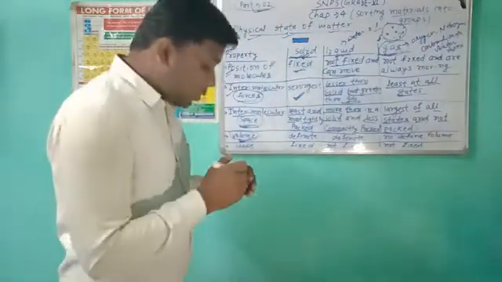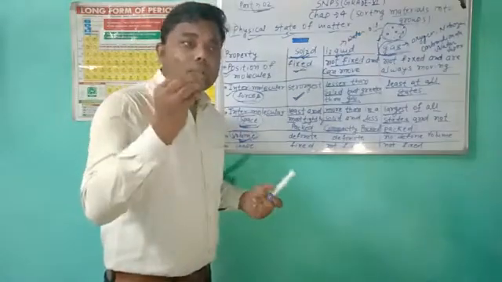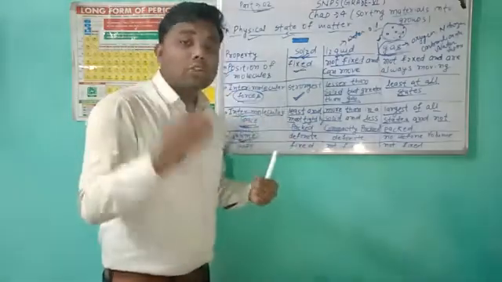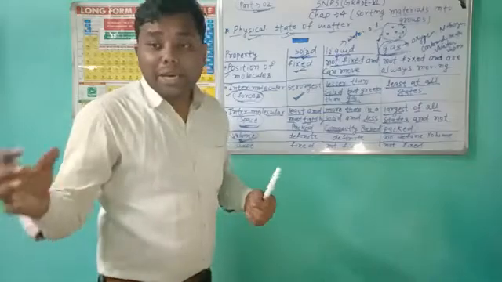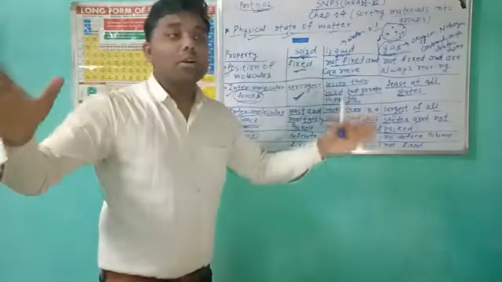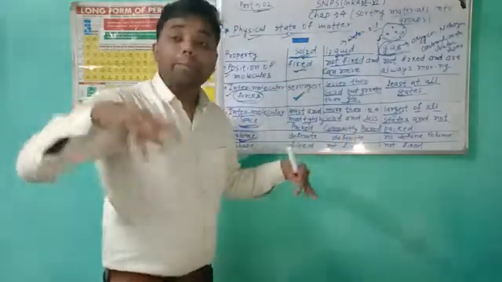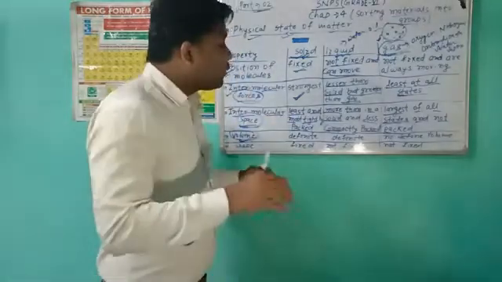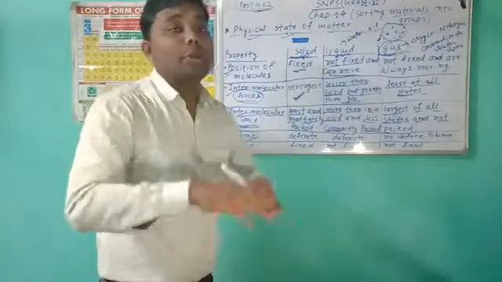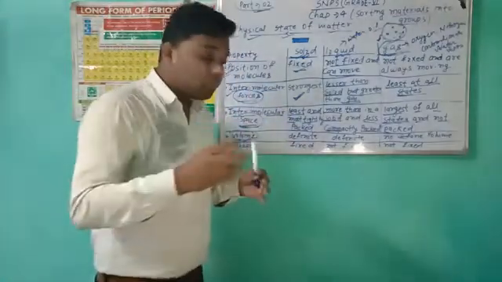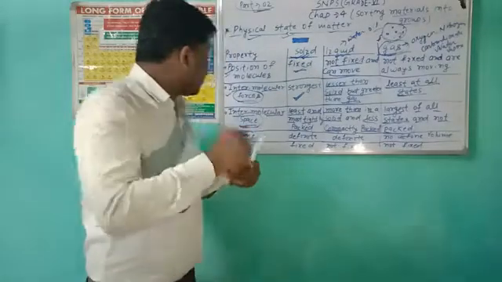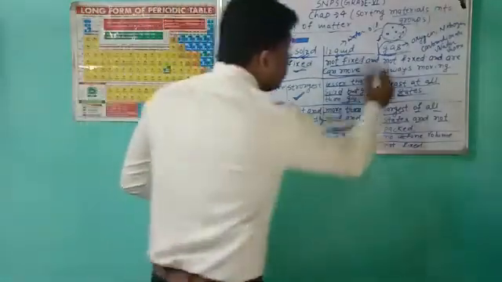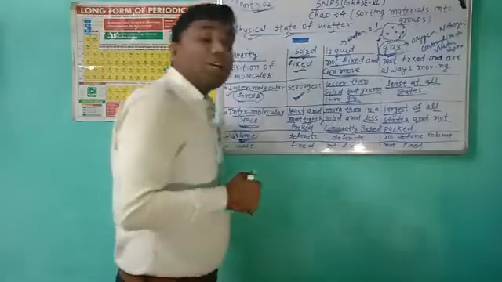Why? If we pour a little oxygen into a particular container, it can fully pack that container and occupy the total space. So the volume of gases is not definite.